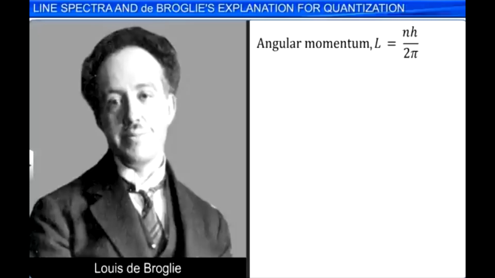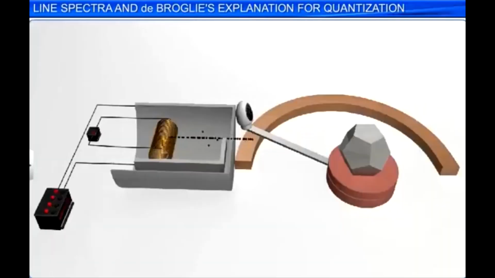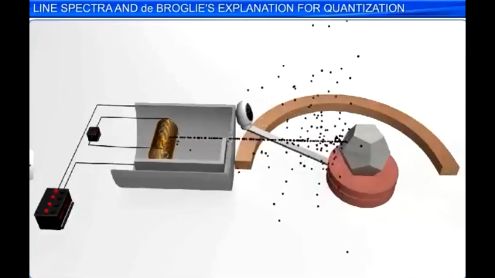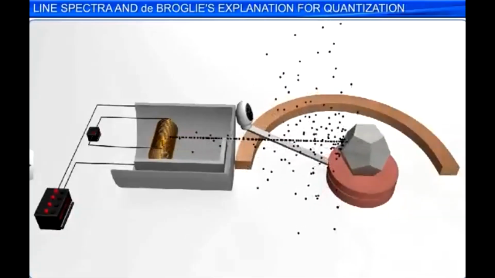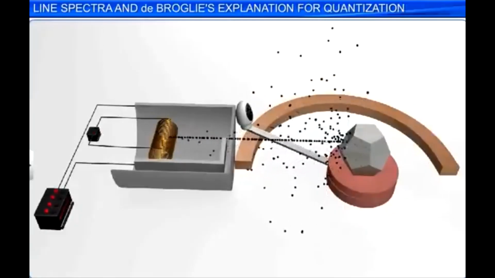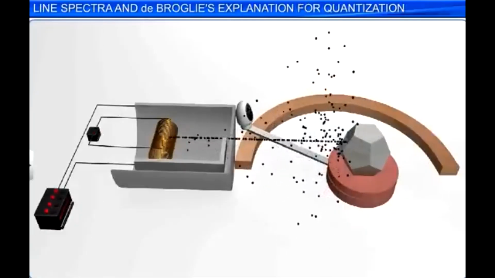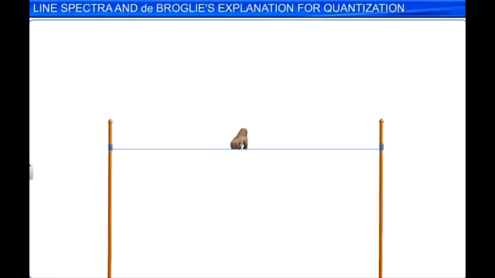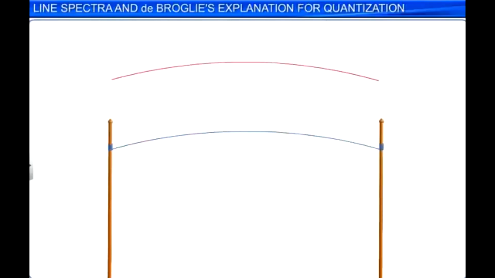We have learned from Davisson-Germer's experiment that material particles like electrons, protons, neutrons, etc. possess a wave nature, which was actually proposed by de Broglie. Let us now understand how de Broglie explained Bohr's second postulate.